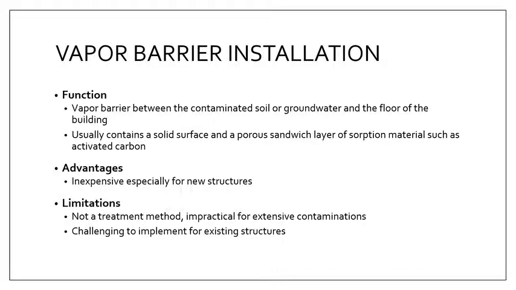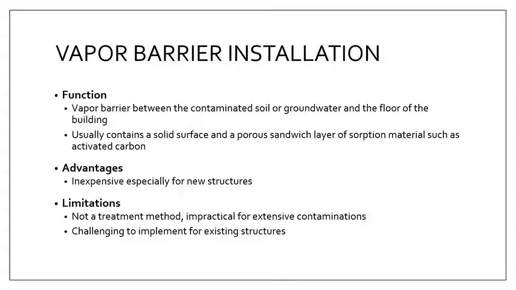Normally, your vapor barrier is a sandwich of low permeability materials, and in the middle is a porous material which is meant to catch any escaping vapors. All right. The advantage of this method is, of course, it's inexpensive, especially when you're just constructing a new building.